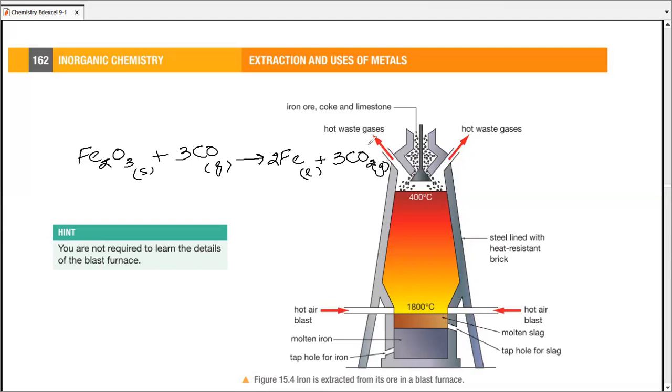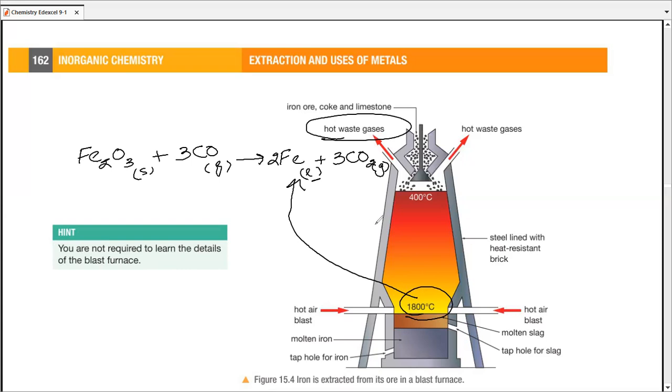Now, carbon dioxide is leaving the system, hence these hot gases. 1800 degrees centigrade. I'm only going through this diagram just to explain these basics so that you don't have a problem. Now, 1800 degrees centigrade is a good enough temperature to melt iron. Hence, the iron is written as a liquid.